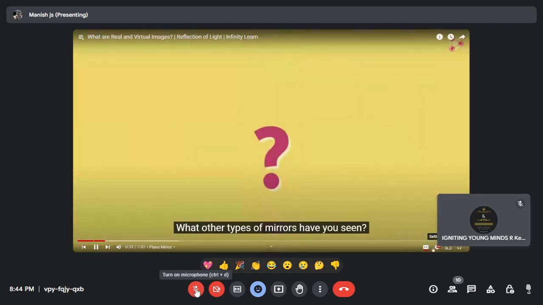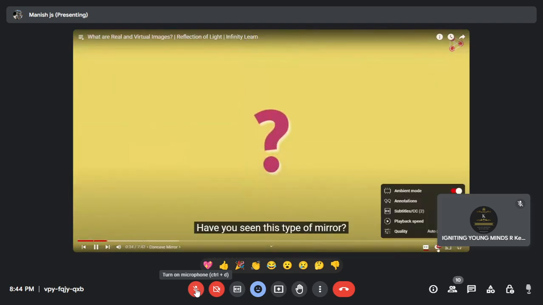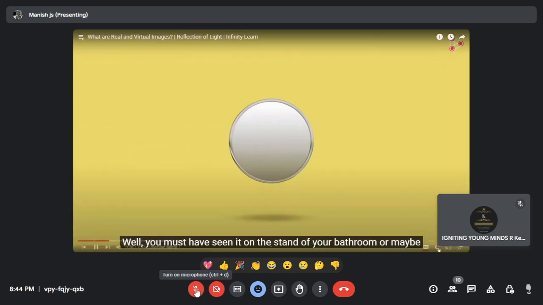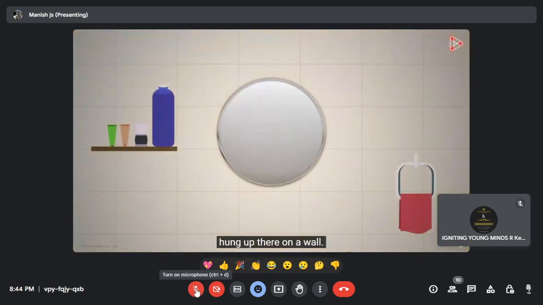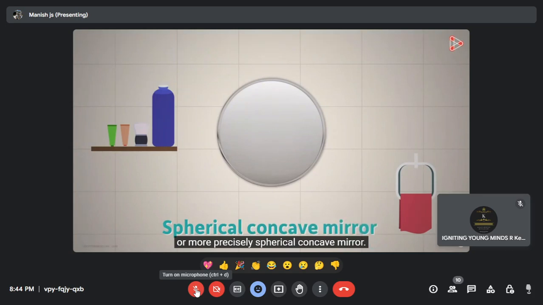What other types of mirrors have you seen? Have you seen this type of mirror? Well, you must have seen it on the stand of your bathroom or maybe hung up there on a wall. This is not a plane mirror. Try to move your hands over the surface and you will notice it. This is called a spherical mirror, or more precisely, a spherical concave mirror.